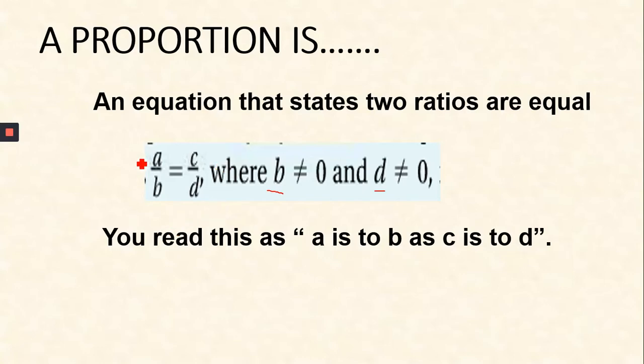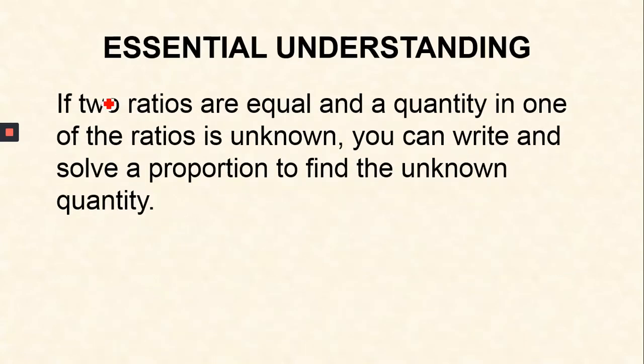A over B is a ratio. C over D is also a ratio. We need to consider some concepts regarding proportion. If two ratios are equal and a quantity in one of the ratios is unknown, you can write and solve a proportion to find the unknown quantity.